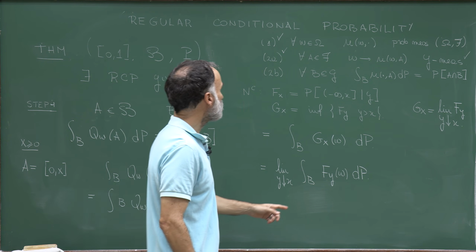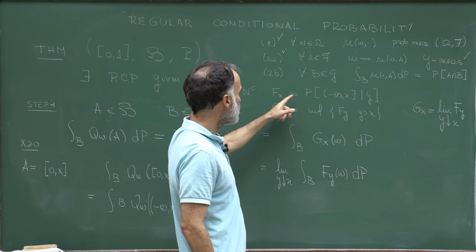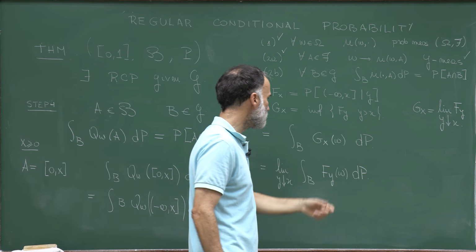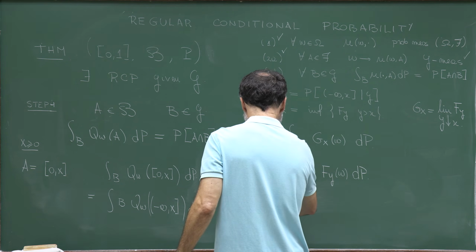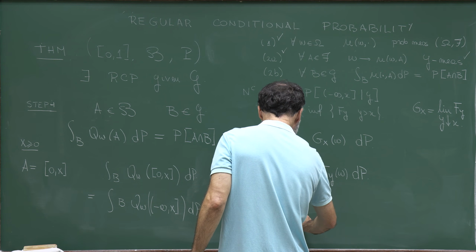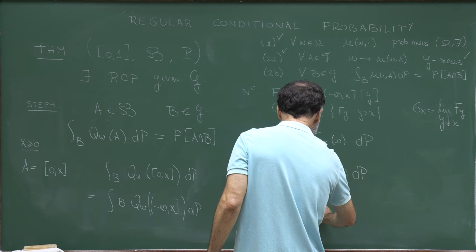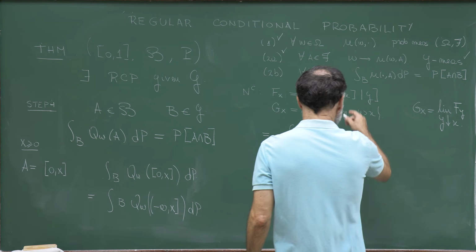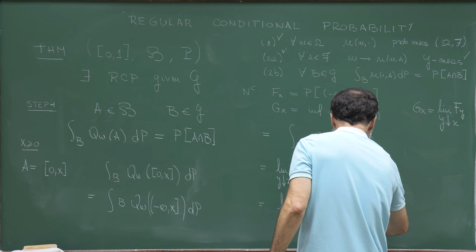And now we can recall that F_y is the conditional probability of the set (-infinity, y] given G. So this is equal to the limit as y decreases to x of the probability of B intersection, so it's closed, so it's (-infinity, y].